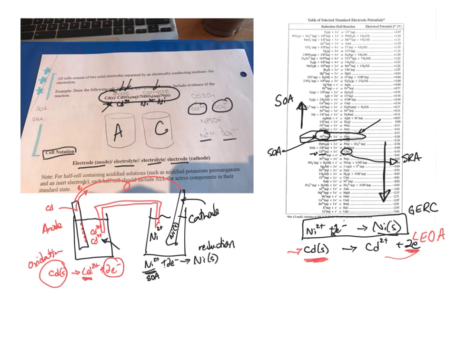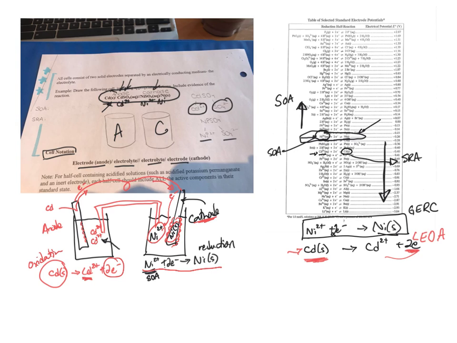So the electrons are going to be traveling that way, and when they hit the cathode, which is made of nickel, the nickel ion from the solution is going to pick up those electrons and become nickel solid, which is shown right down here. And so that nickel electrode will become bigger because you'll see more nickel will form on it.